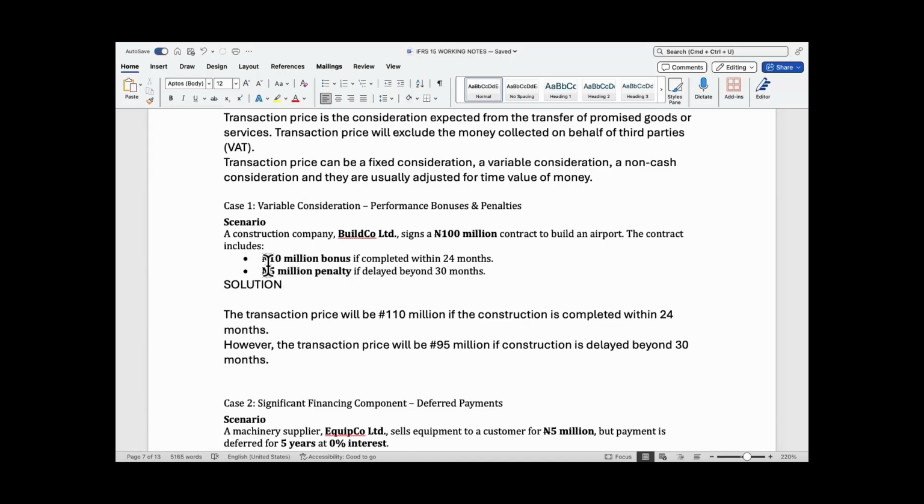Since they told us that you will suffer a 5 million penalty if construction is delayed beyond 30 months, that would represent a deduction from the agreed price, and we'll get the transaction price.